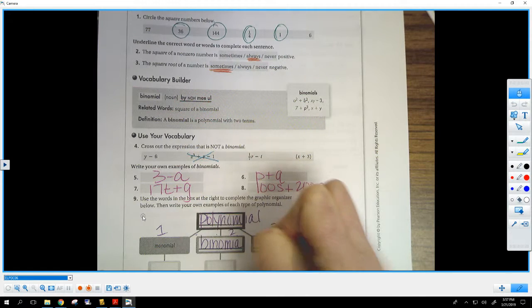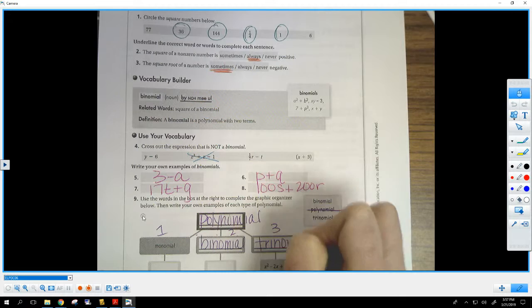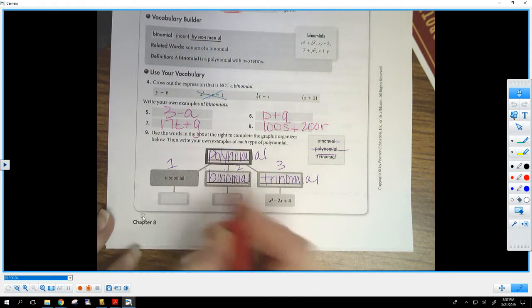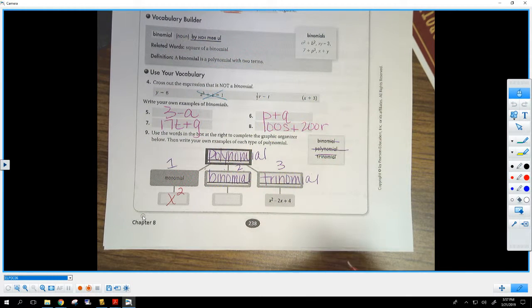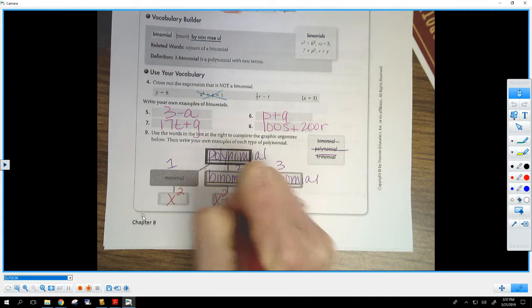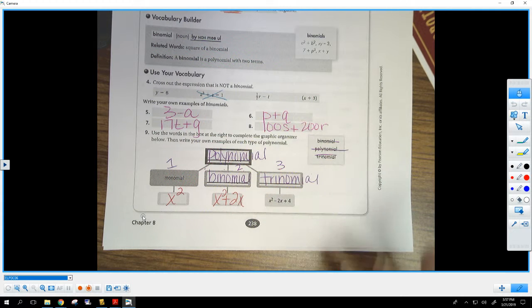This is 2. 3 would be a trinomial, right? 1, 2, and 3. So an example of each would be, a monomial would be like x squared. A binomial, x squared plus 2x, and a trinomial, x squared minus 2x plus 4, right?